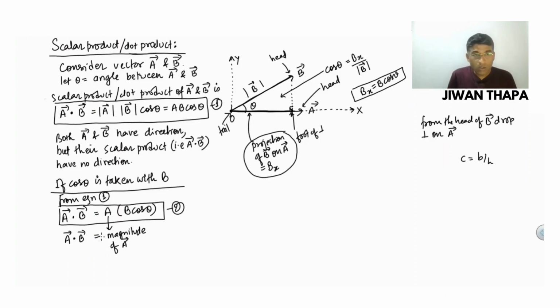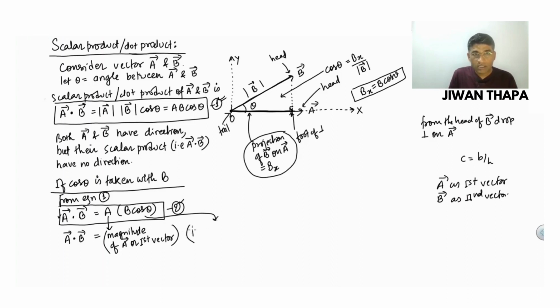So we can also write magnitude of A, or magnitude of the first vector. Clear? If you look into equation 1 or equation 2, we are taking vector A as the first vector, and we are taking vector B as the second vector. And B cos theta, what is this?